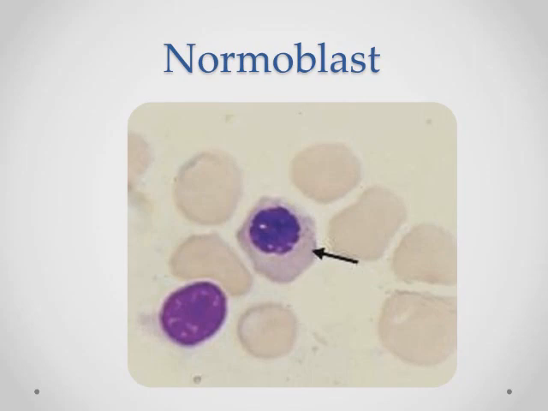The nucleus of a lymphocyte is of the size of red blood cells, like 1 to 1.5 times. But the nucleus of the normoblast is small because it can enter into the red blood cells. If you check, this nucleus comes into this cell, but this nucleus cannot, and it is surrounded by a very thin rim of cytoplasm. So this is the difference between normoblast and lymphocyte.